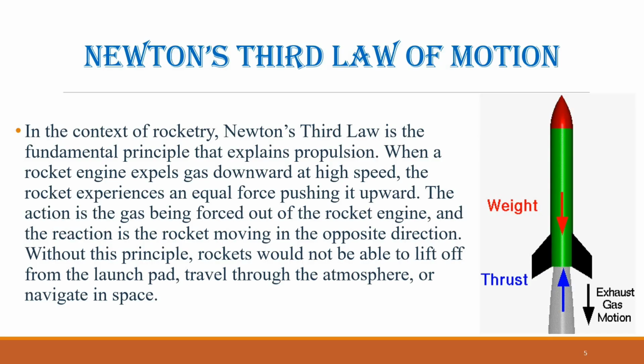In space, there is no air to impede the motion of the rocket or its exhaust gases. This means that rockets are actually more efficient in space than in the atmosphere. Exhaust gases can escape freely without resistance, allowing the rocket to convert more of its engine energy into forward motion.